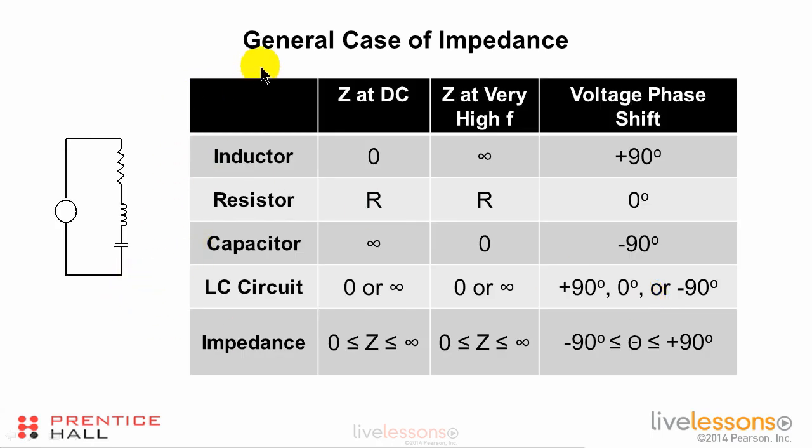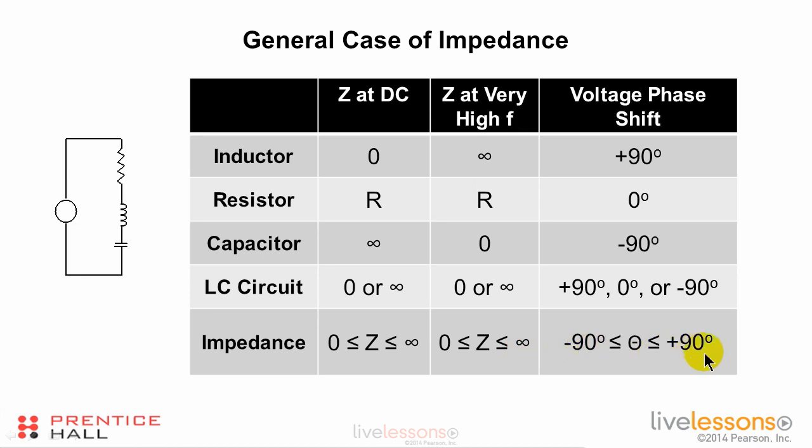Now, if we look at the general case of impedance, where we have a resistor and an inductor and a capacitor, well, the impedance at DC can be any value between 0 and infinity. The impedance at a very high frequency can be any value between 0 and infinity.